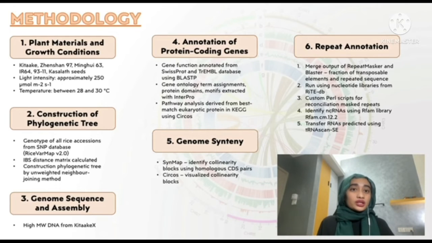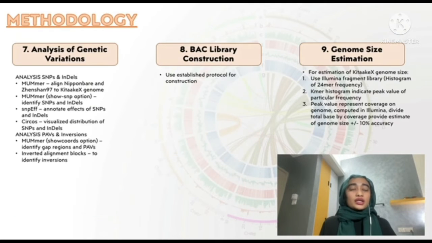They identified the non-coding RNAs using the Rfam library, and the transfer RNAs were predicted using tRNAscan-SE. The analysis of genetic variations for SNPs and indels used MUMmer, and the analysis of PAVs and inversions used MUMmer2, and the inverted alignment blocks were used to identify inversions.